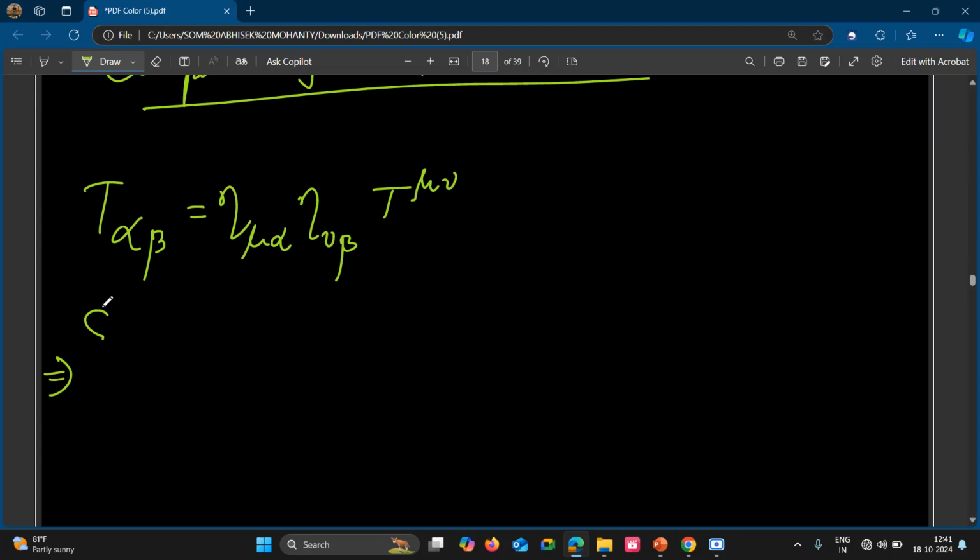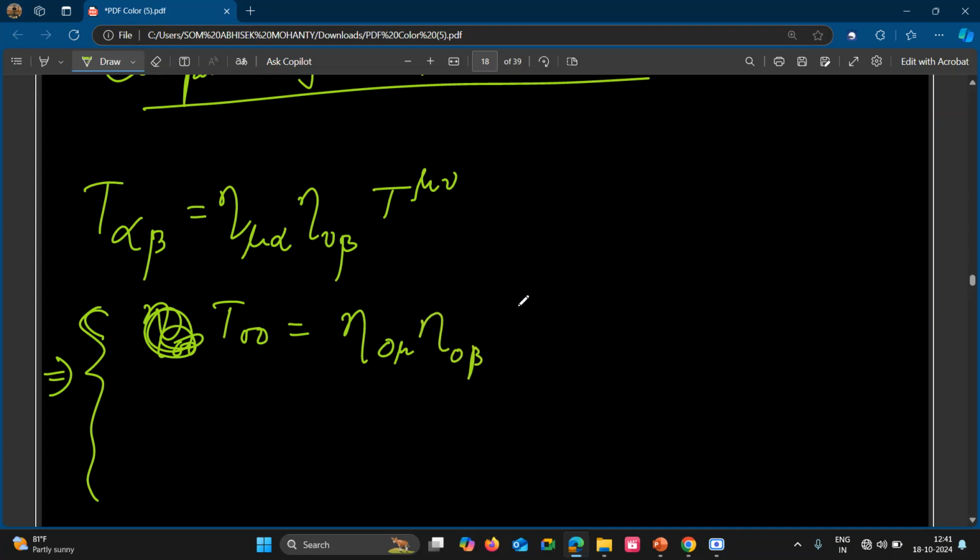So again, let's write all the components, like 0 and 1 and all of that. Eta 0 0. Suppose T 0 0 is equal to eta 0 mu eta 0 beta, and this one will be T 0 0. Right? Which is actually eta 0 0 squared. And T 0 0, which is eventually T 0 0. So again the zeroth component remains the same.